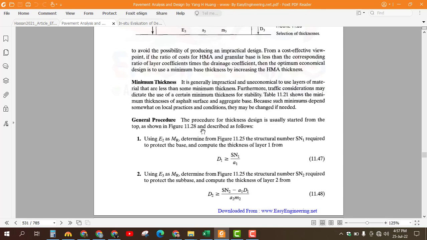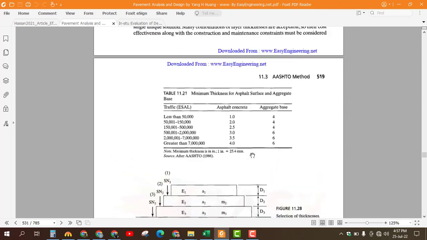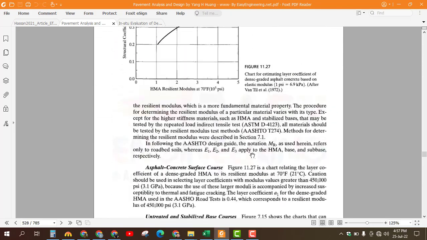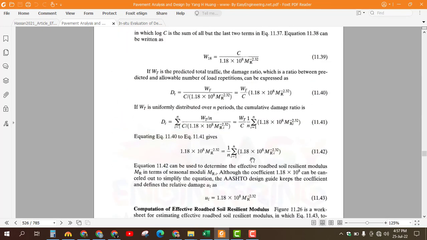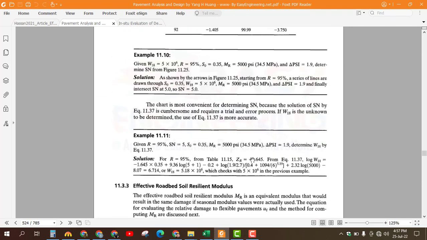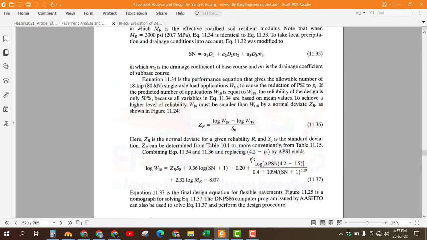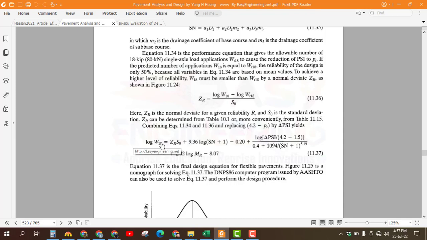So let me show you the equation in which SN1 is present, from where we can find SN1. Page number 523. This is the equation. In this equation, W18 is the ESALs. By taking log of this value, it is the left hand side, and this is the right hand side.